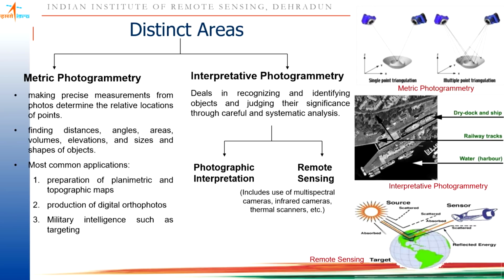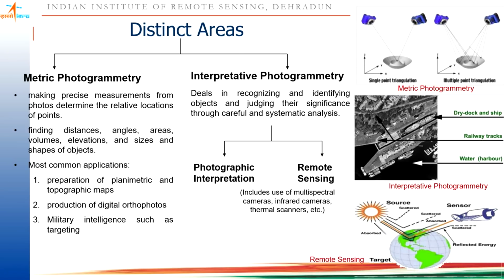Metric photogrammetry is making precise measurements from the photographs to determine the relative location of points. We can find out distances, angles, area, volume, elevation, size, and shape of the objects. So many things we can do. And this is how we do metric photogrammetry using the stereo photogrammetric concept.